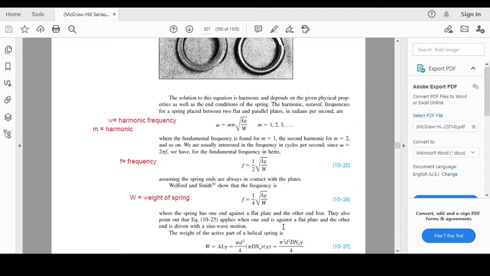In vibration subject, we are usually interested in frequency in cycles per second. So w equals 2 pi f. So we have the fundamental frequency in hertz equals one half square root of kg per W, assuming the spring ends are always in contact with the plates.